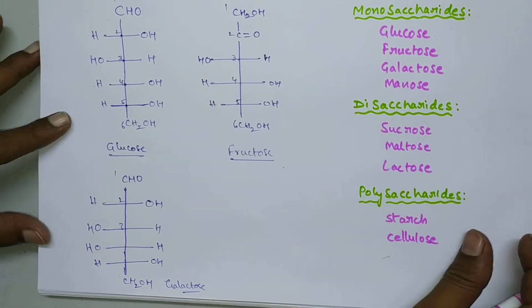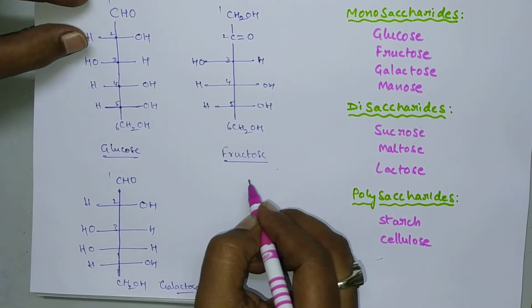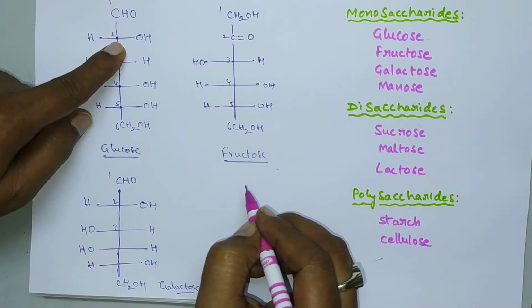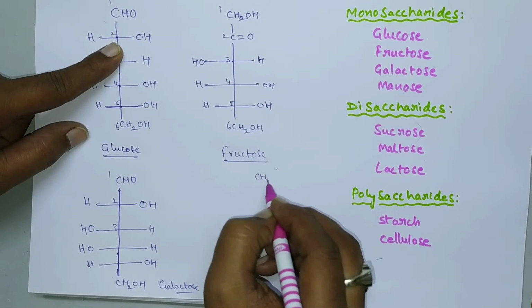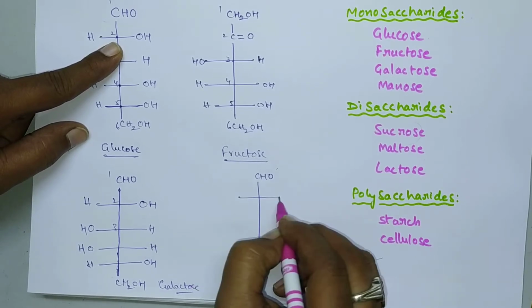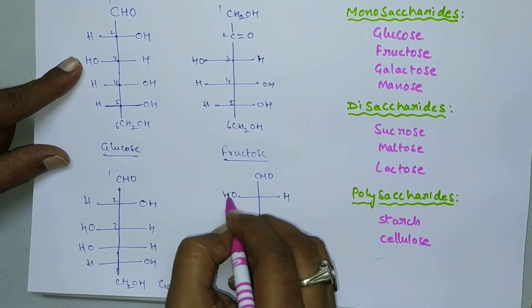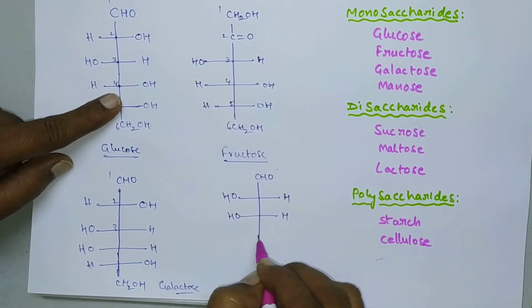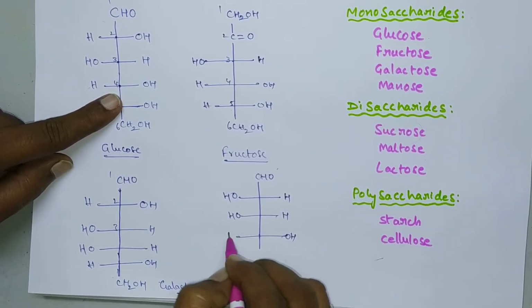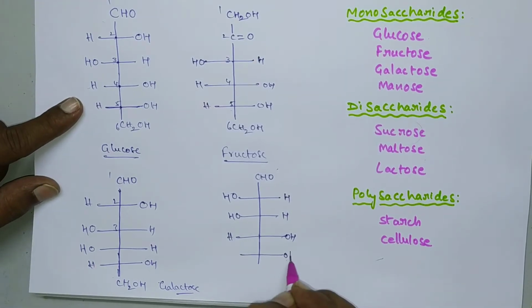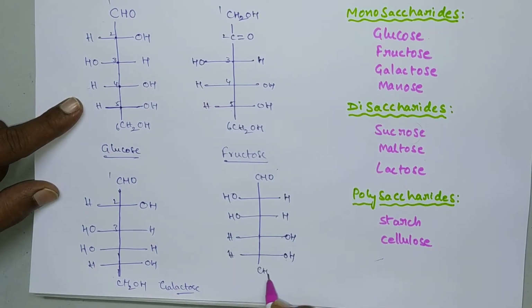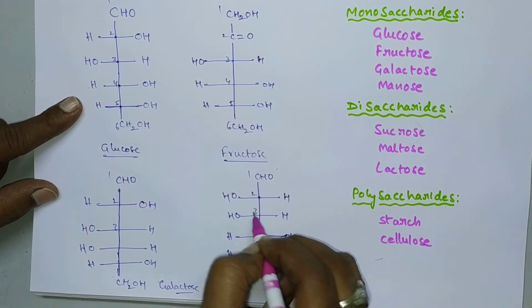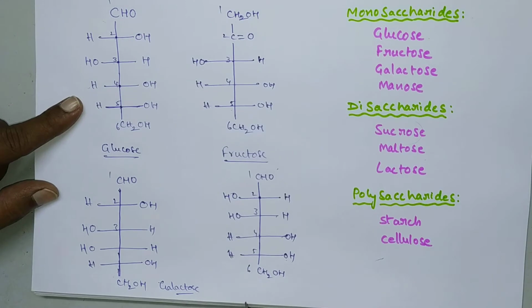And the next one, mannose. Here this is glucose. For mannose we have to interchange at the second position. CHO, H, OH and the remaining is the same: H, OH, OH and H, OH and H and CH2OH. 1, 2, 3, 4, 5, 6 carbons.